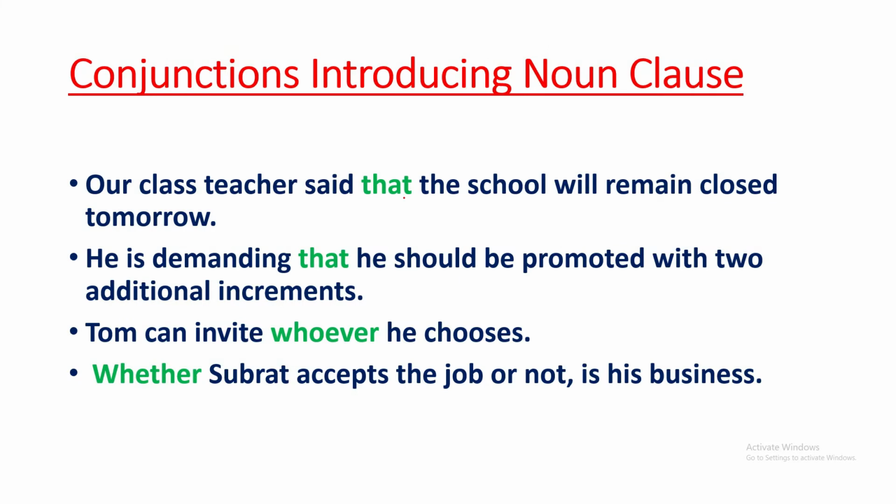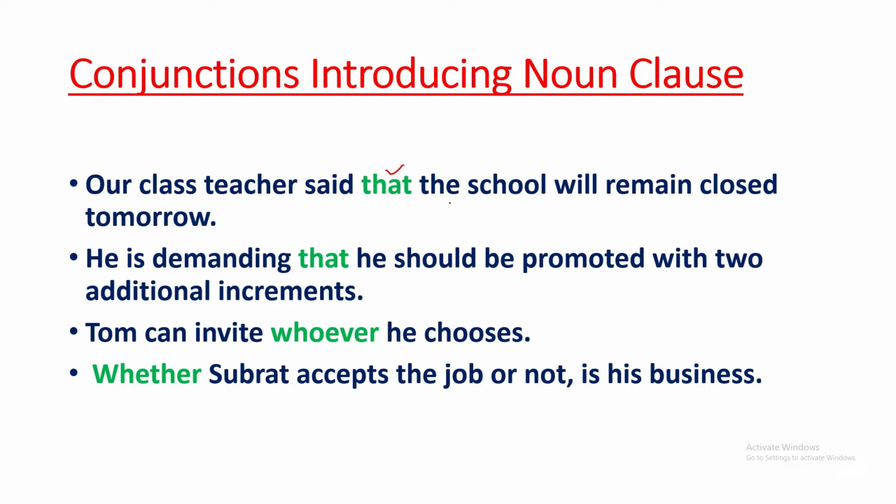Our class teacher said that the school will remain closed tomorrow. Our class teacher said is one clause, that is the independent clause. That the school will remain closed tomorrow is a dependent clause. That is the subordinating conjunction introducing the dependent clause, the subordinating clause.